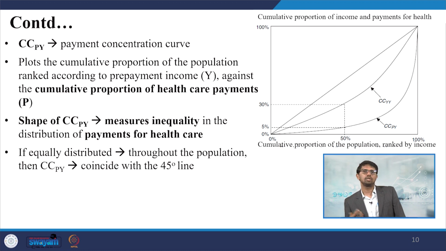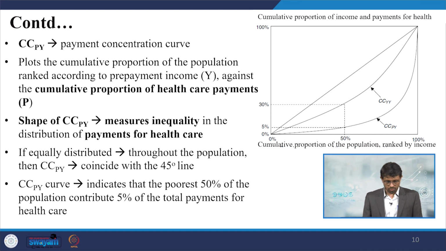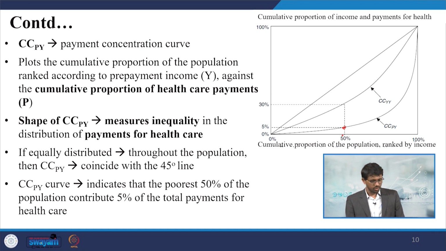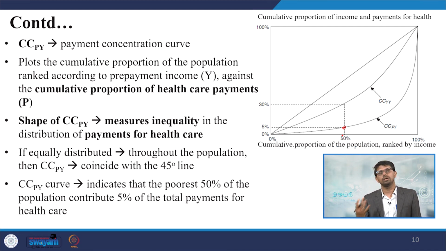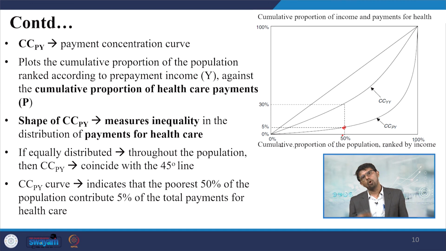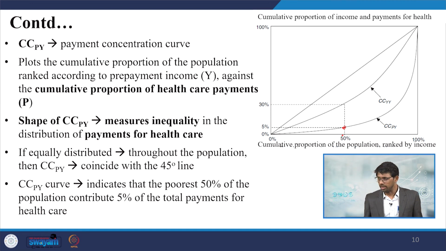Again, if it is equally distributed, then this will also overlap with the 45-degree line. If you mark the 50% of the bottom, poorest population, it contributes to only 5% of the total payments for healthcare. This indicates that in reality that is true. In our society, especially Indian society, more populations at the bottom section of income cannot afford healthcare. Therefore, their total payment for healthcare is very less, and so it is reflected as only 5%. Okay.